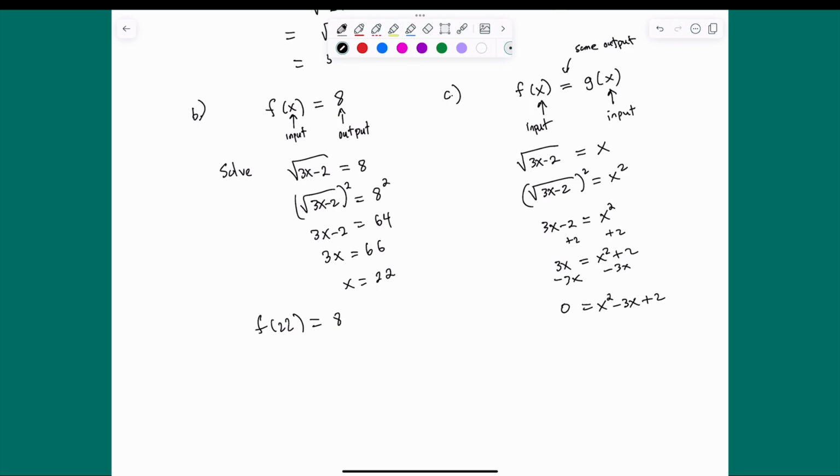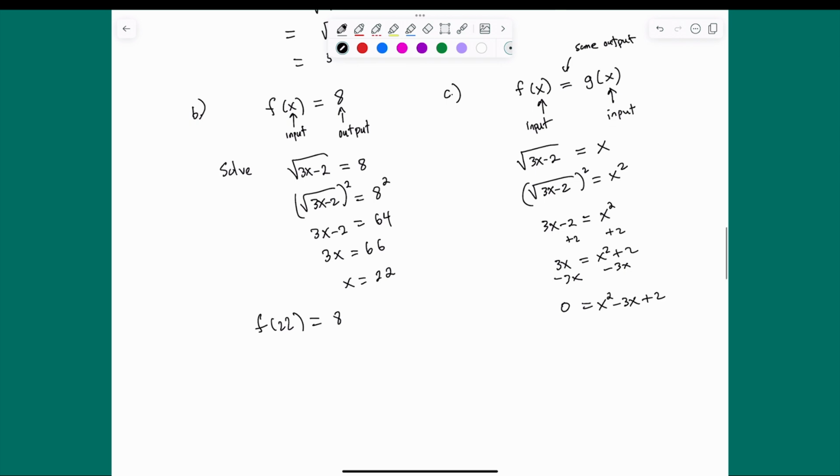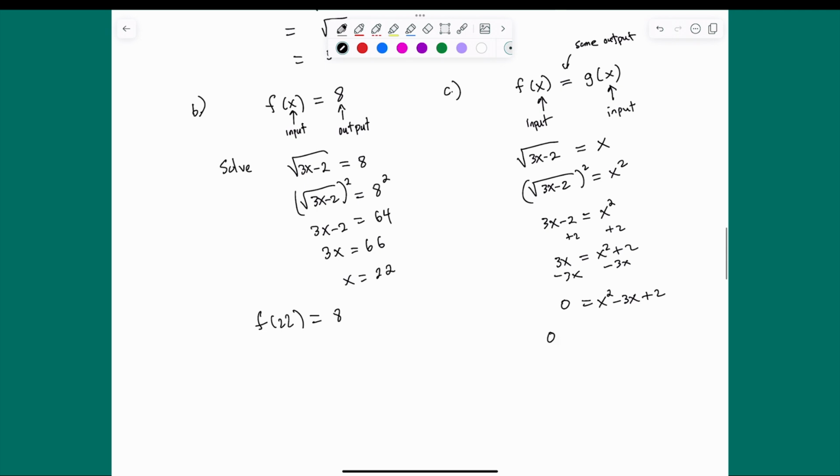Okay, we could solve this by factoring. We need two numbers that multiply to give us 2 and add up to negative 3, or negative 2 and negative 1. So it factors as x minus 2 times x minus 1. Then using the zero factor property, we could set each one of those to 0. So we get x equals 2, or we get x equals 1.